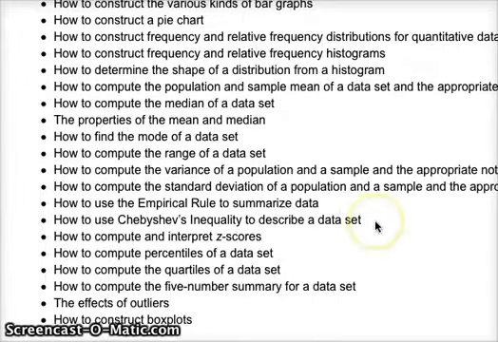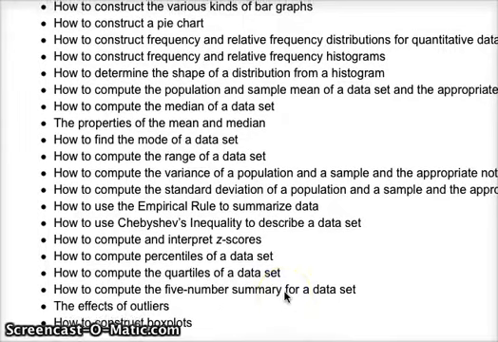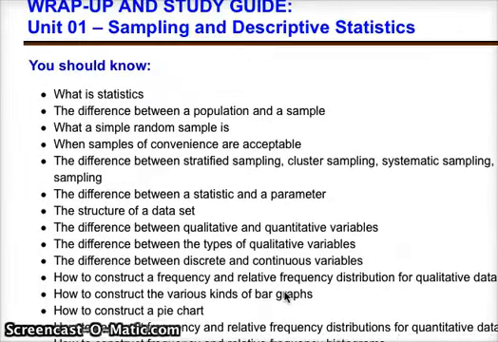Okay, Chebyshev's, remember that had to do with at least 75%, at least 89%. And then Z-scores, quartiles, 5-number summary. Remember, an outlier is over 1.5 times the interquartile range. And so these are important things in your Unit 1 wrap-up.